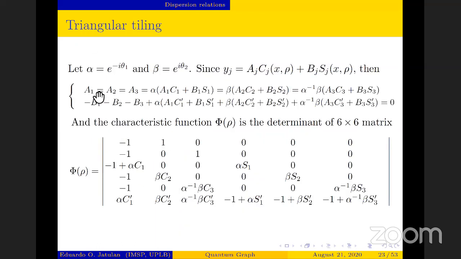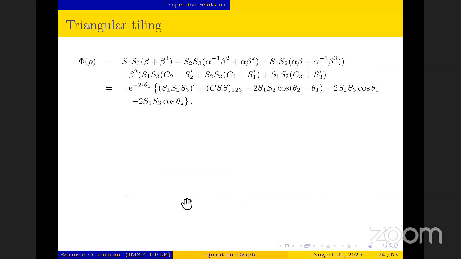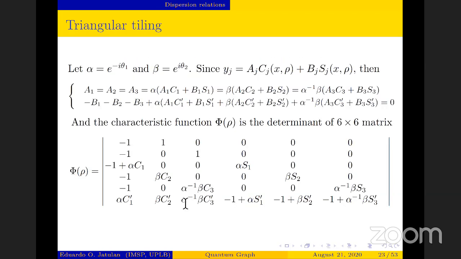Again, our goal is to have non-zero values for A1, A2, A3, B1, B2, B3 satisfying these given equations. In that case, we consider the characteristic function. To get the spectrum, we need the values of rho that make this characteristic function zero.